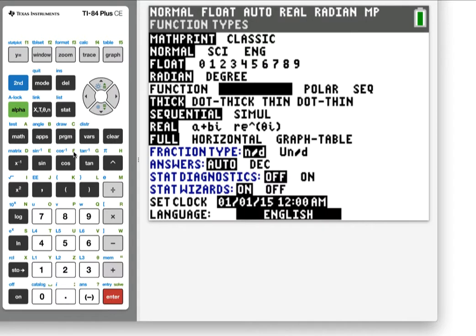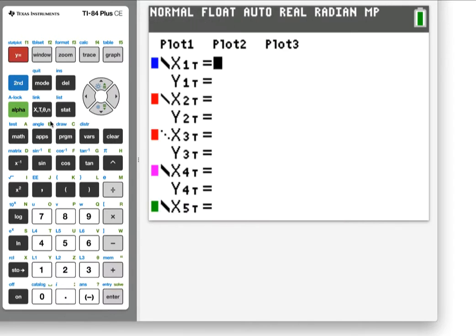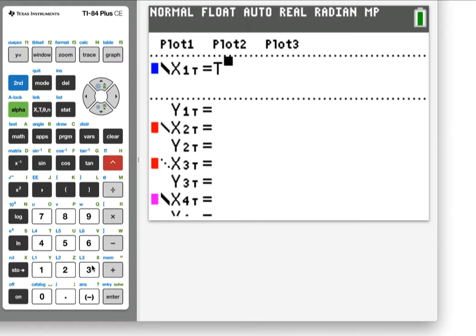So when I hit the y equals key, I'm going to plug in the position equation that we had, which was t cubed minus 6t squared plus 9t.